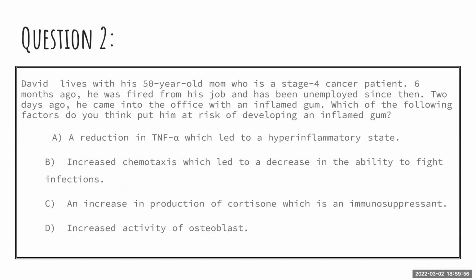David lives with his 50-year-old mom who has stage 4 cancer. 6 months ago, he was fired from his job and has been unemployed. 2 days ago, he came into the office with inflamed gums. Which of the following factors do you think puts him at risk for developing an inflamed gum?